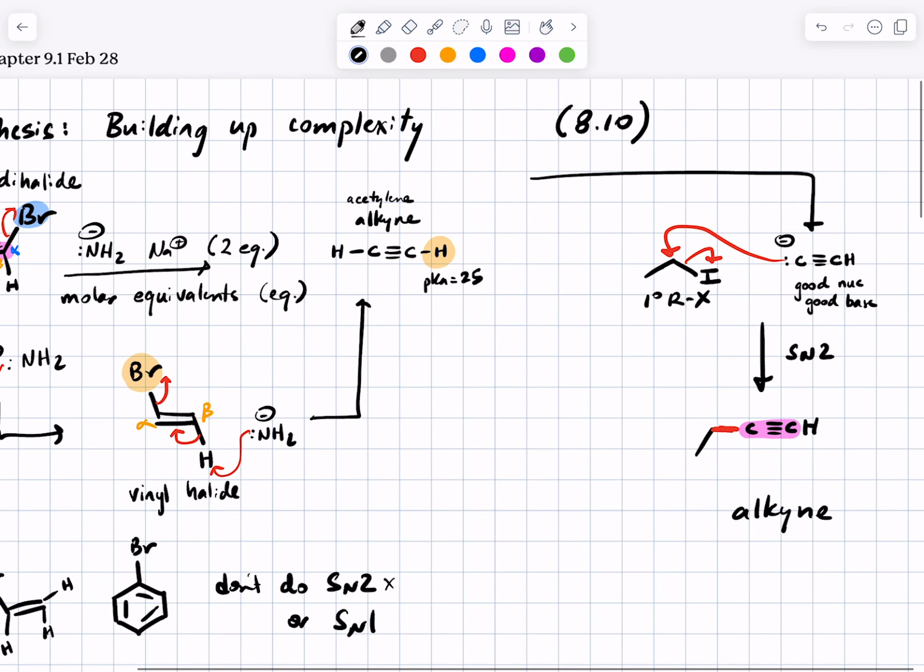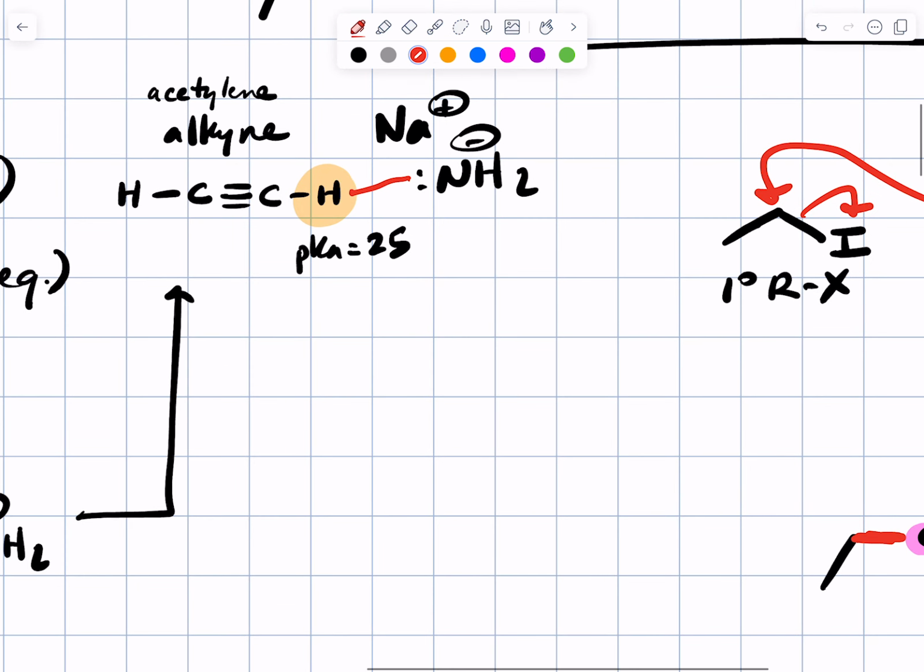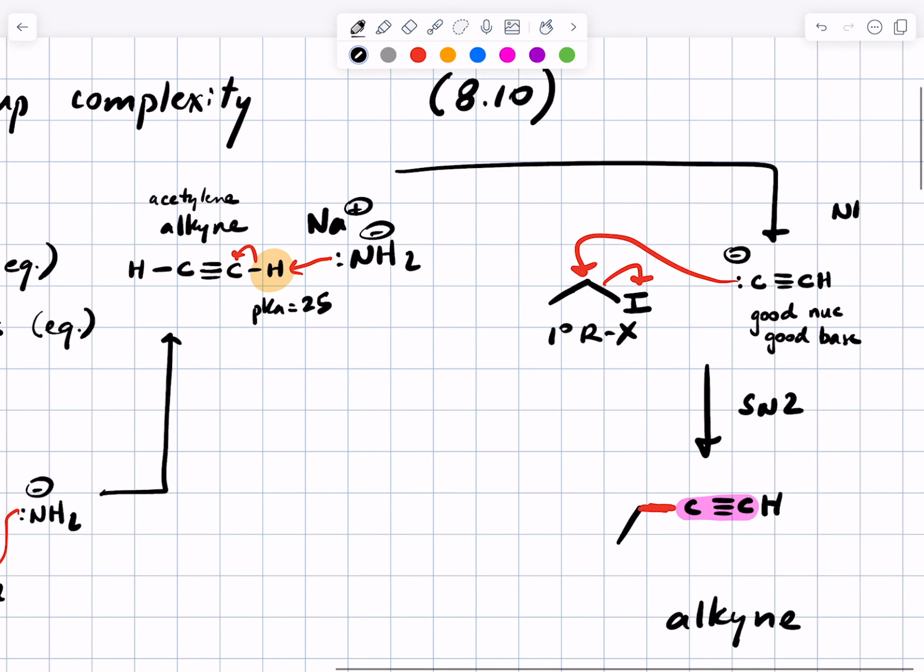What is most convenient to do, actually, is to use a third molar equivalent of NH2 minus, because, of course, the conjugate acid of NH2 minus is ammonia and has a pKa of 38. So NH2 minus is certainly a strong enough base to remove the proton off of the acetylene.